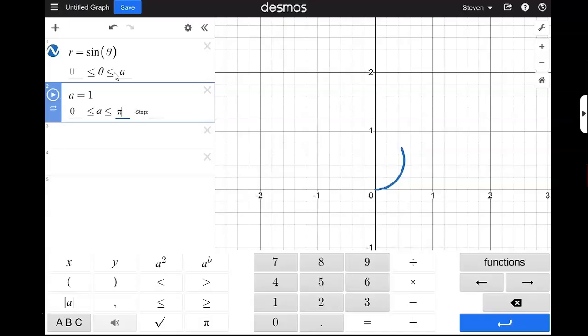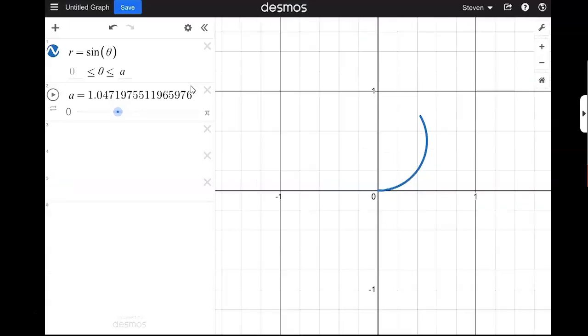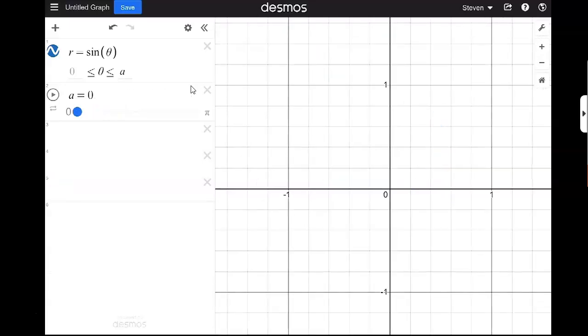0 to pi, and again, I typically do an increment of pi over 12, which works out to about 15 degrees. I can zoom in here a little bit on my graph as we start graphing it. See at 0, the graph starts to swing out. Keep going. Here we are at pi over 4. You can see it's pi over 4 because it's a straight rectangle.